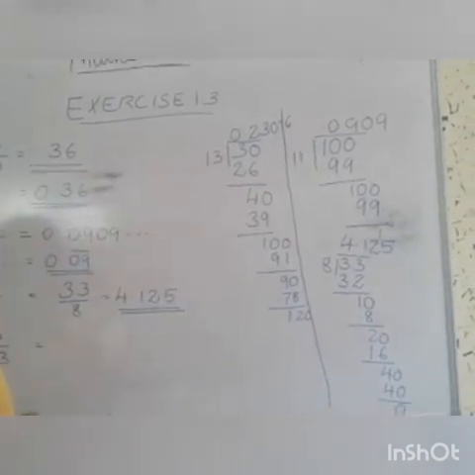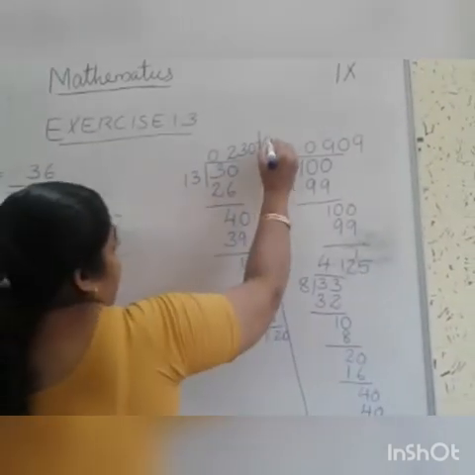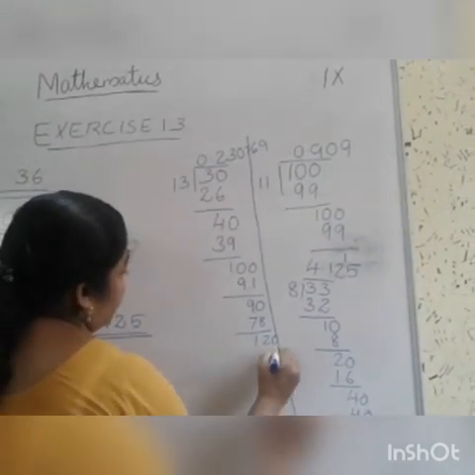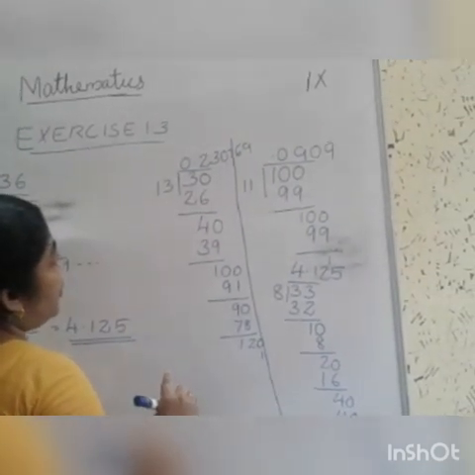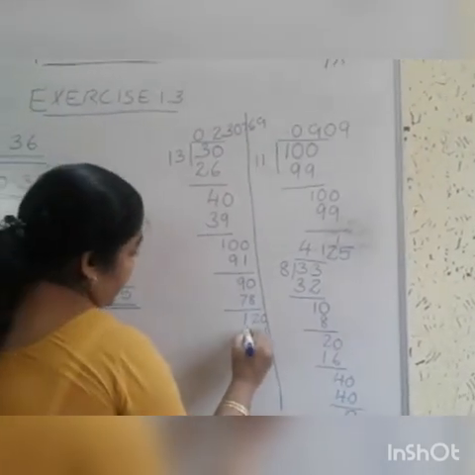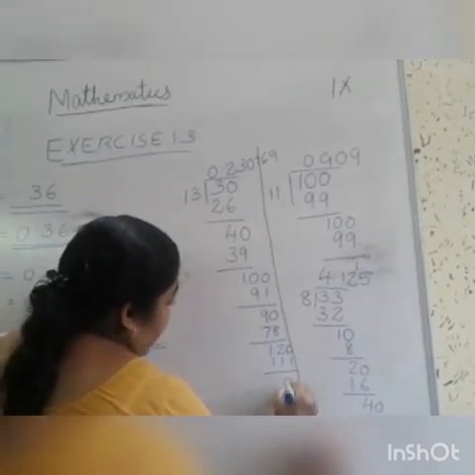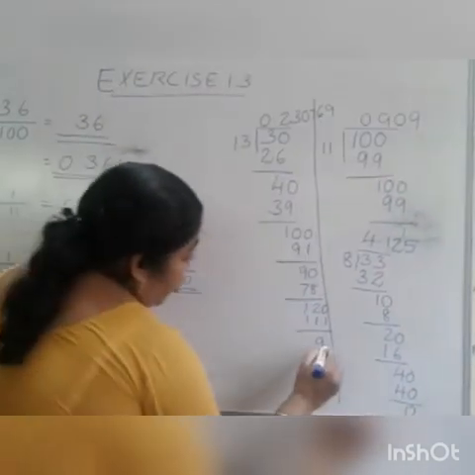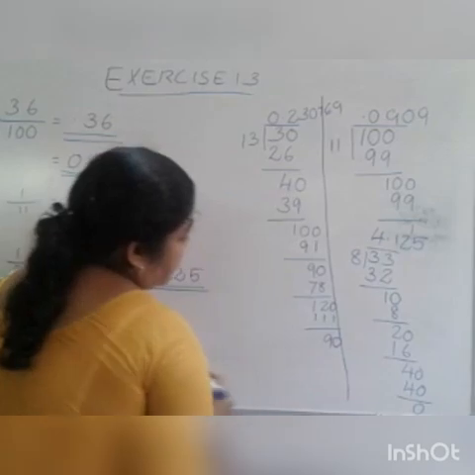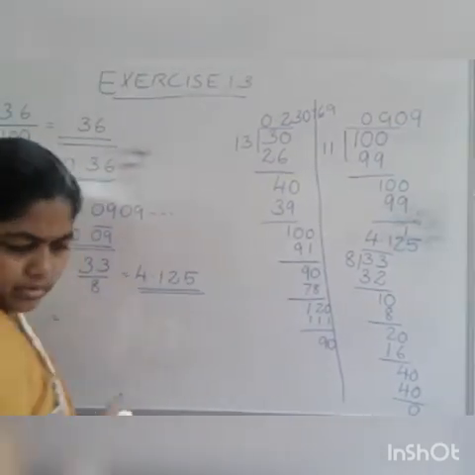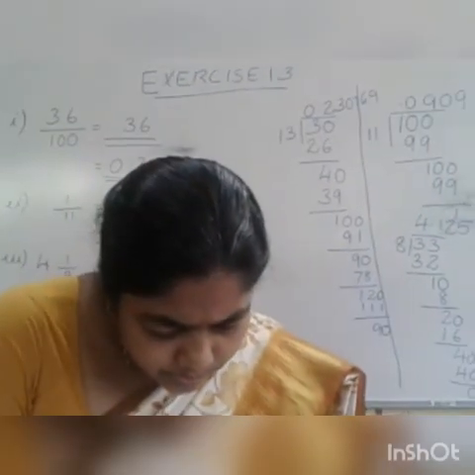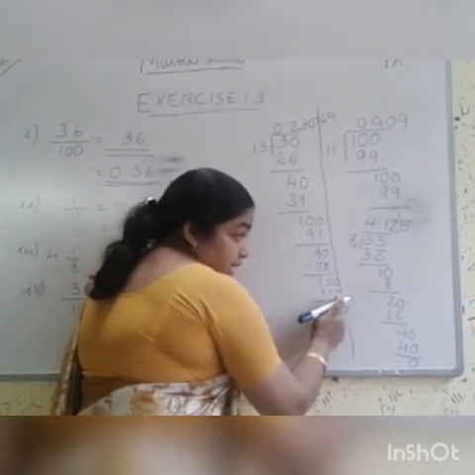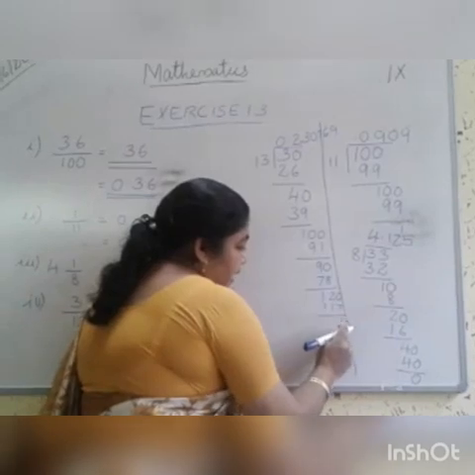In 120, how many 13s are there? 9. 9 3s are 27, carry over 2, 117. Again 10 minus 7 is 3.